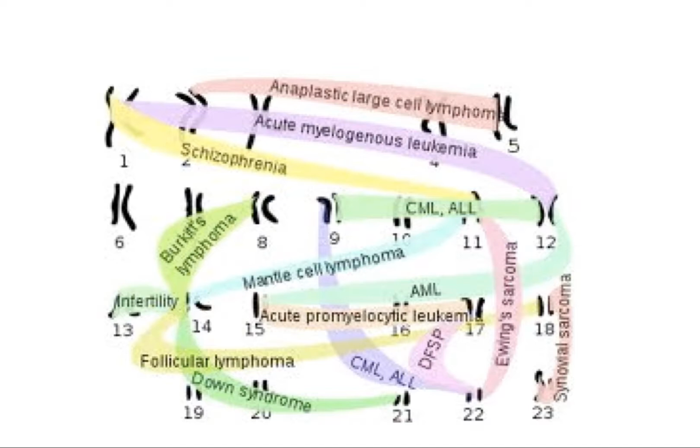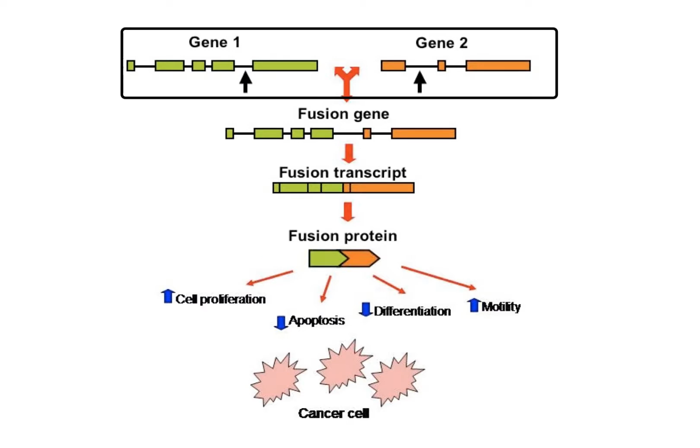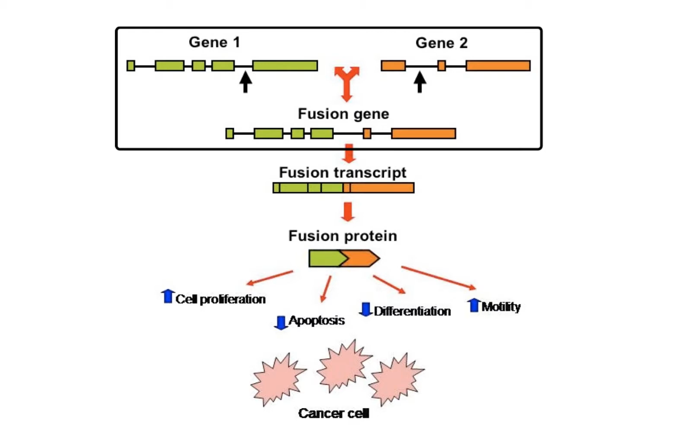cancer or other disease. In many cases, these diseases are caused by a fusion gene, which causes a fusion transcript and a fusion protein. So two genes on different chromosomes, you get a crossover. Now you have a new type of gene, which on one end has the exons for one of the proteins, and the other end has exons for the other end of the protein.